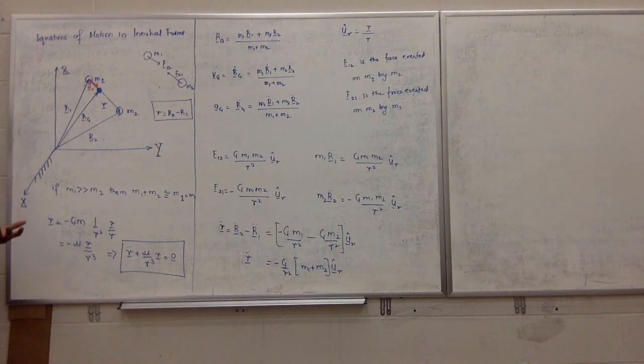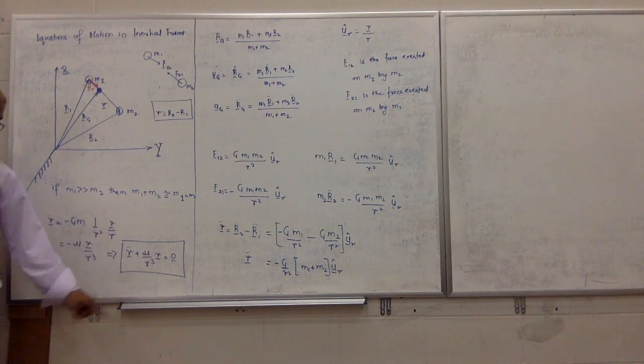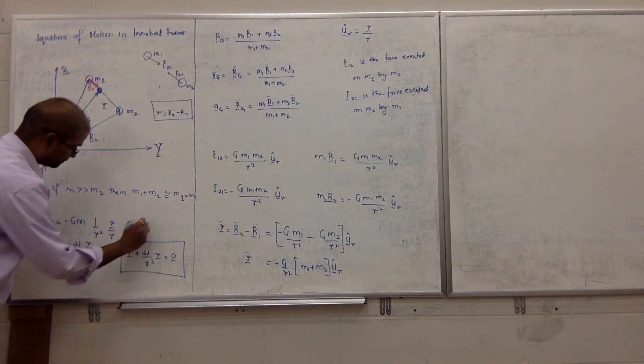It's again a constant. And this is vector R divided by scalar R cubed. R squared into R is R cubed. And if you move this to the left hand side, you're going to get the two-body problem statement.